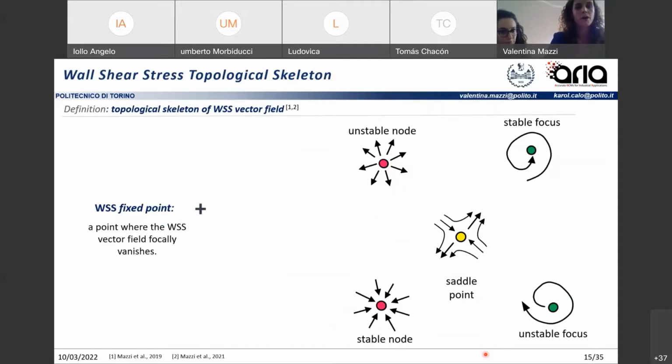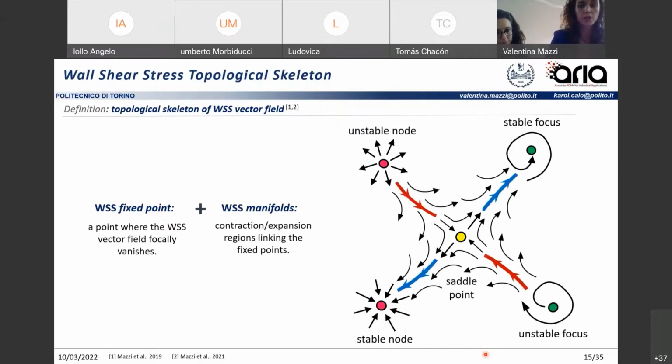So now I briefly introduce a new advanced tool of analysis for the characterization of the local hemodynamics, the wall shear stress topological skeleton. Based on dynamical system theory, the topological skeleton of the wall shear stress vector field is composed of fixed points, points where the vector field vanishes, and their connections, called manifolds, that are contraction and expansion regions linking the fixed points.